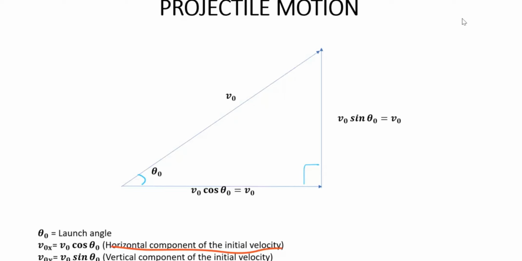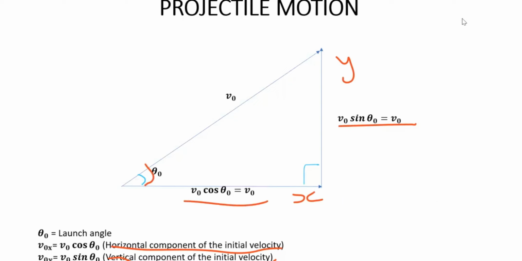Then for the y, VOY here will be equal to VO sine theta, because that is going to be the velocity component on the y-axis, the vertical component of the initial velocity.